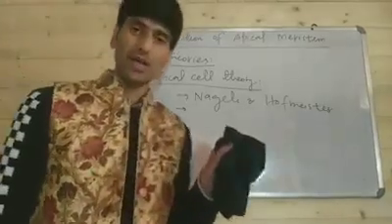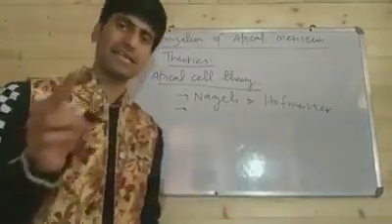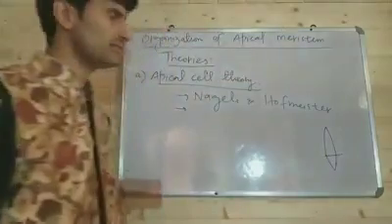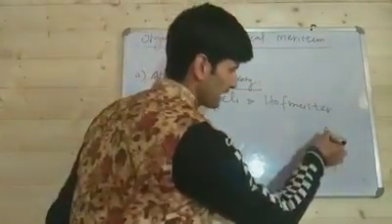What is the main concept behind this theory? This theory states that there is a single cell called apical cell at the apical meristem.